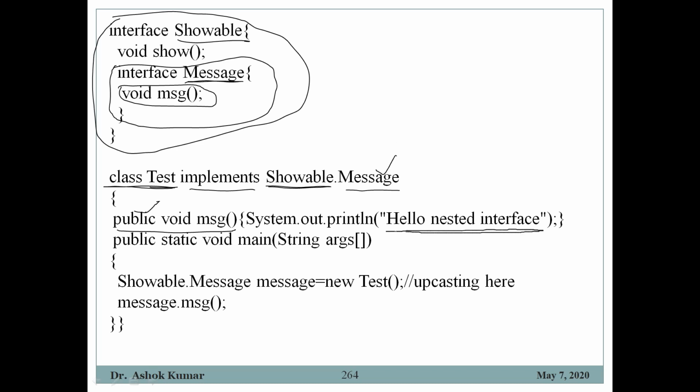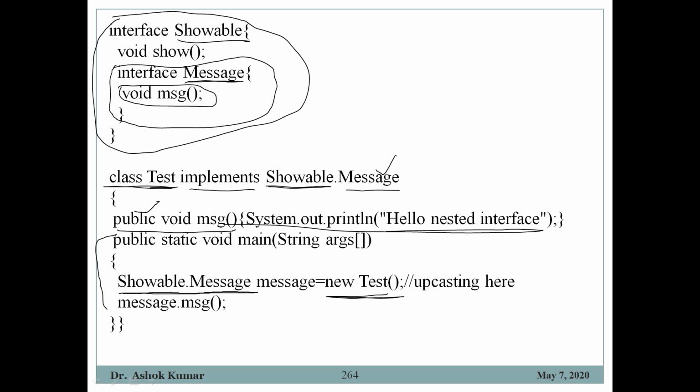So this is what it will display when it will be called. And in the main, we have created the object of the test class. This is the test class. So in this we have main as well, and the reference to this is of this interface type showable.message type.